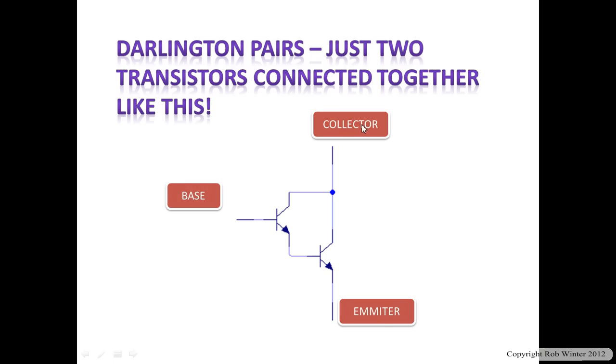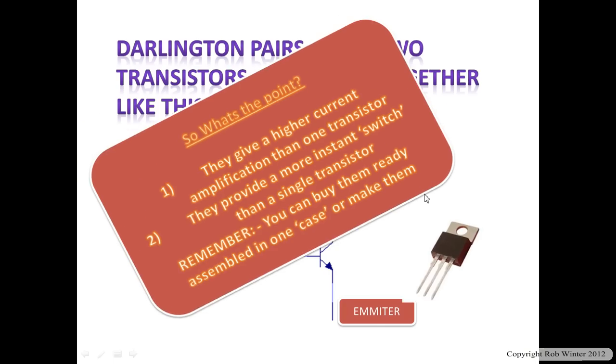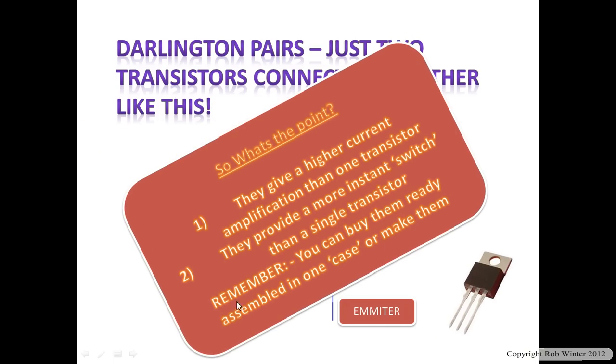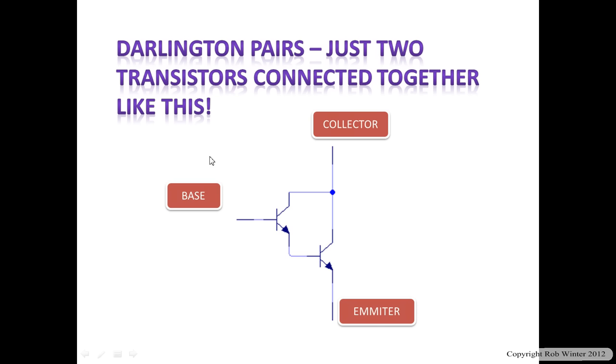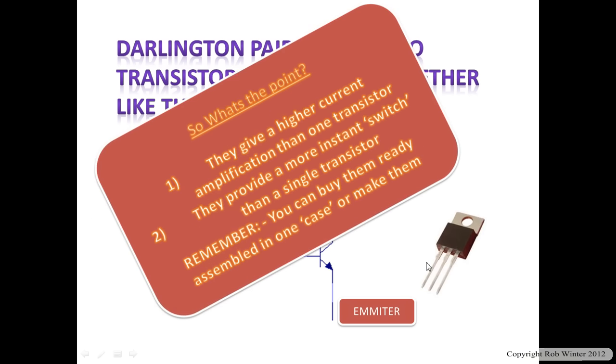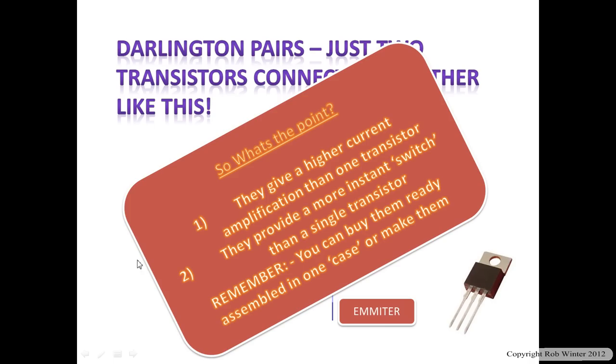So overall, you've still got just 3 connections to plug in, and for that reason, you can quite often buy them ready assembled in one case. Right, you could make them out of 2 separate transistors, or you can buy a ready-made Darlington pair in a box, because as you can see from that diagram, there's only 3 connections, so it fits in a 3-legged box. There's your 2 benefits: higher current amplification and a more instant switch than just using one.